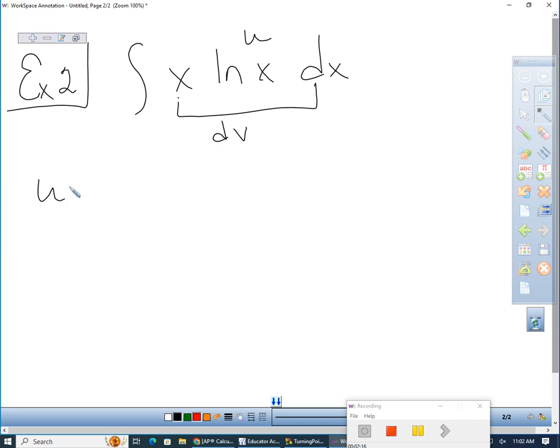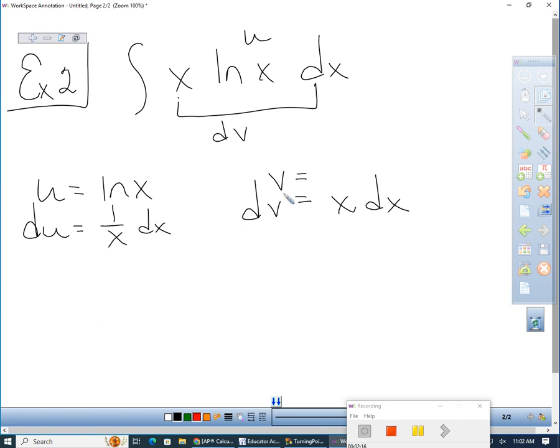So I have u equals the natural log of x, and my dv equals x dx. The derivative, or du, of natural log x is 1 over x dx. The antiderivative of dv, or v, equals what? Good.